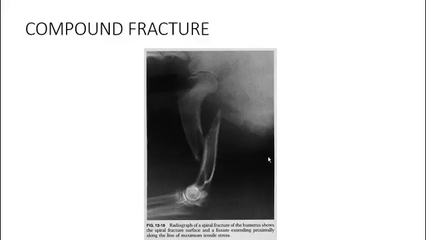We know skin is there to protect us and keep bacteria and foreign material out. So since the skin's been broken, and often it's in a high trauma situation, there's a high incidence of foreign matter, dirt, other things getting into the area, so a high risk of infection with someone who's had a compound fracture.